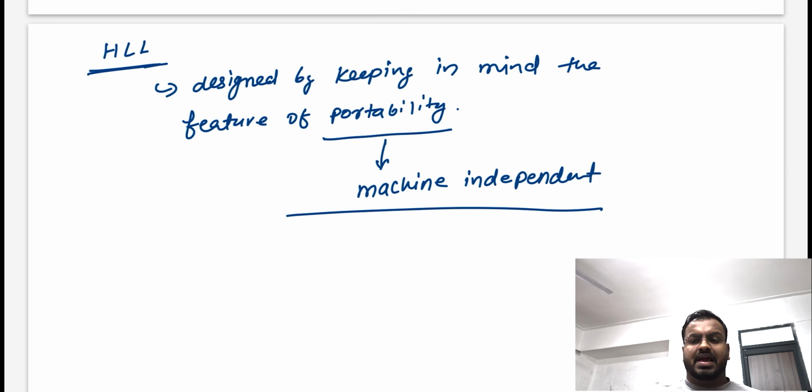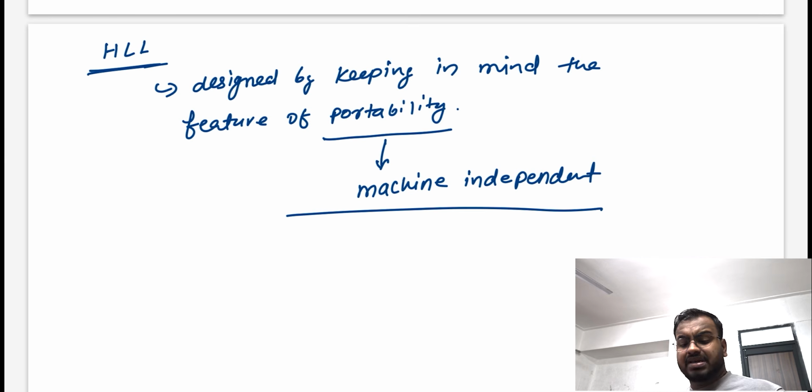Programming in high level languages, the programmer is not concerned about the low level details. For example, in assembly language, the programmer was concerned about the low level details. But in this case, the programmer is just concerned with that particular programming language. So whole attention can be paid to the logic of the problem being solved.